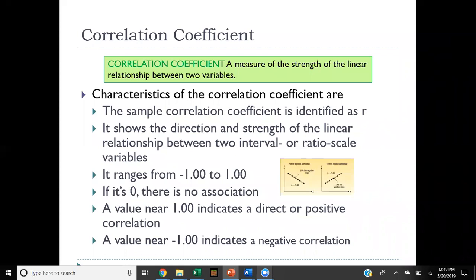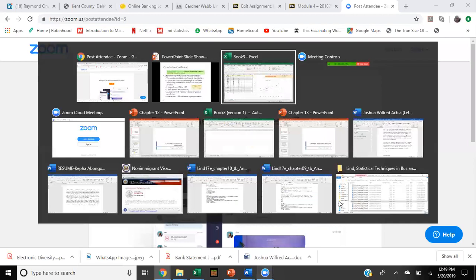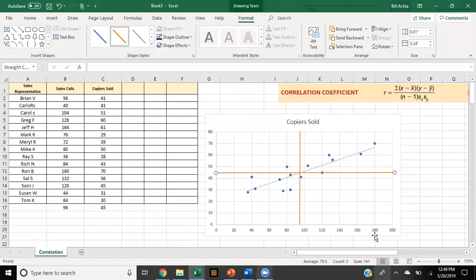And one way to visualize a 0, let me go back into my spreadsheet. A 0 would be if I had data points along, for example, this mean value of 45 here. So let me throw in some data points, and let's change the color to make them stand out.